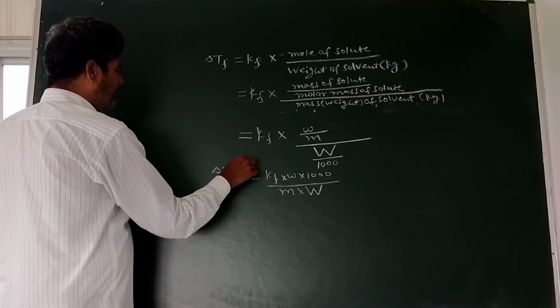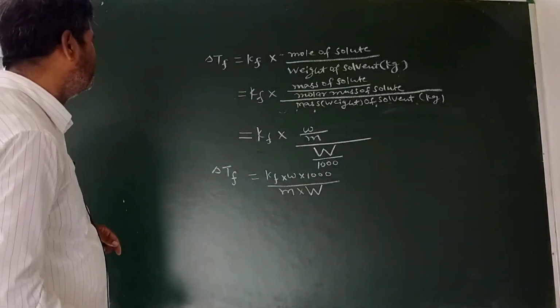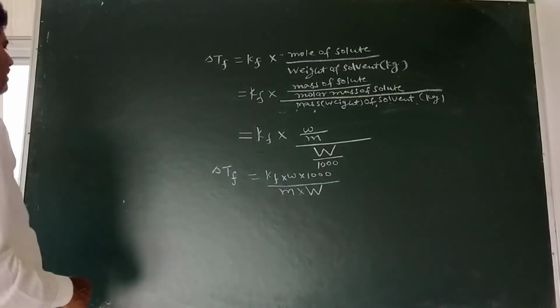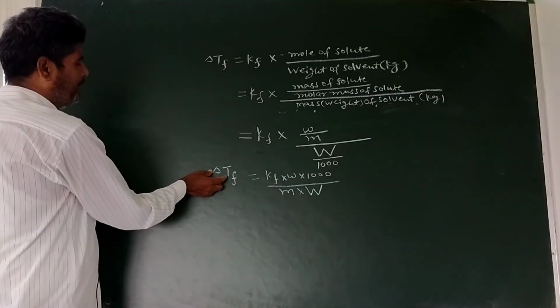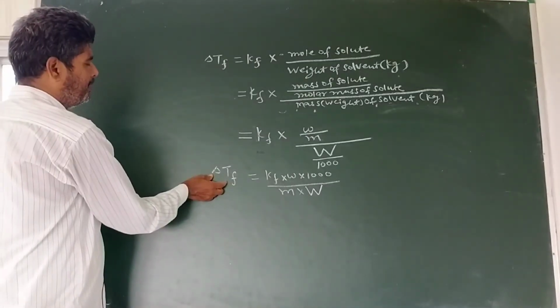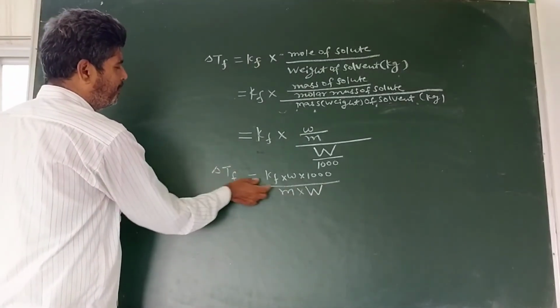On rearranging, for the molar mass, m will be in the place of delta Tf and delta Tf will be transferred to the place of m.